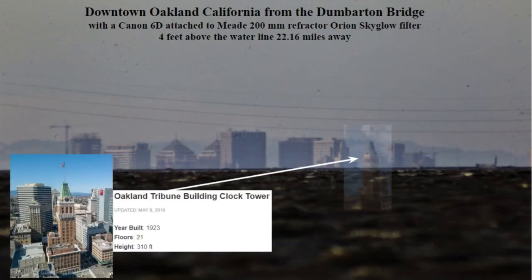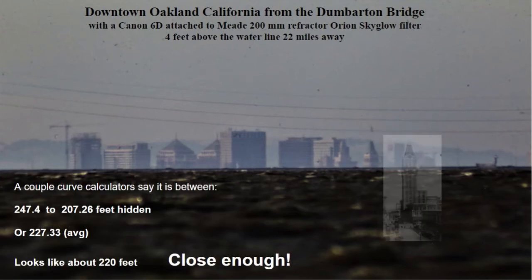There's the Oakland Tribune clock tower. It's 310 feet tall. There's an old-timey picture of it. It's been reworked since that old-timey picture, but it's still the same height.